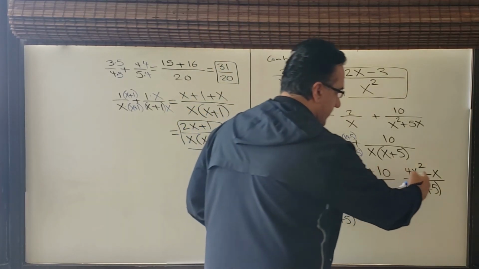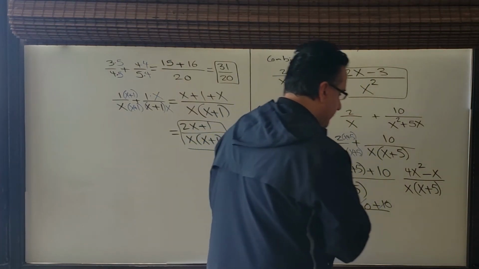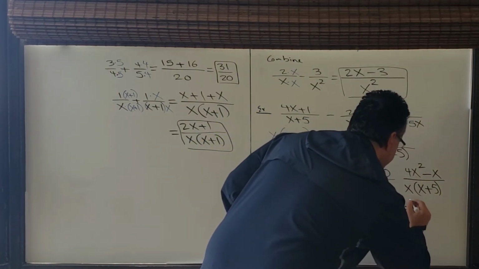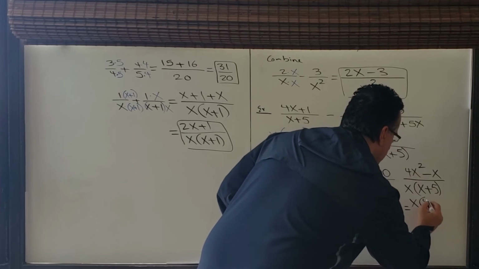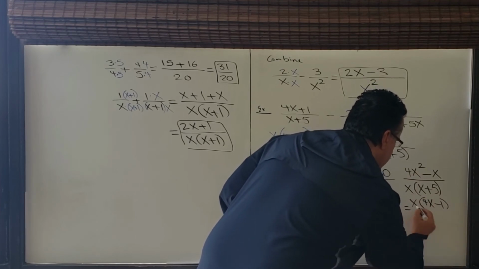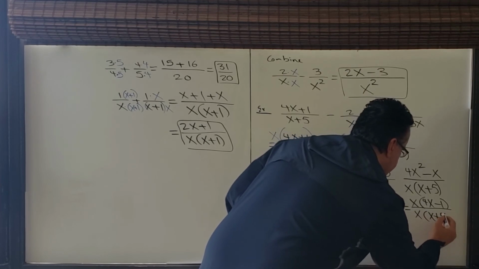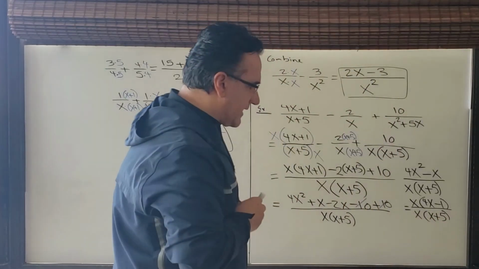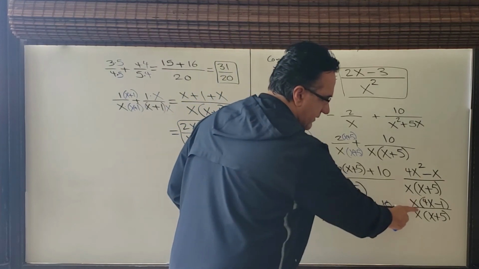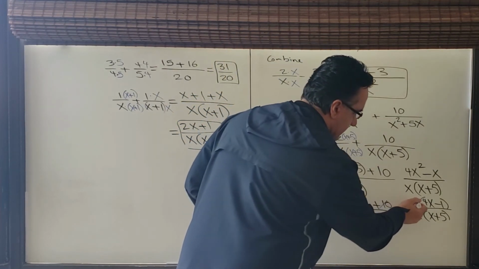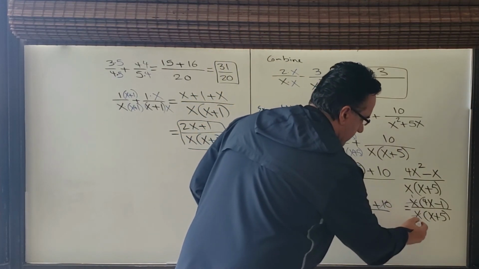We can factor out an X on the top. So we factor the X on the top. That leaves us 4x minus 1 over x times x plus 5. Now we notice that we have a common factor of x that we can go ahead and cancel out, leaving us a 1 and a 1.